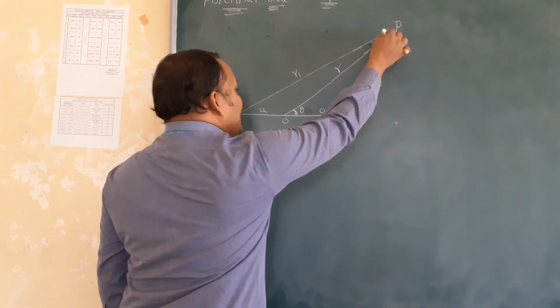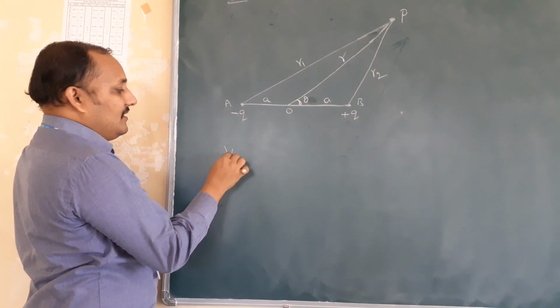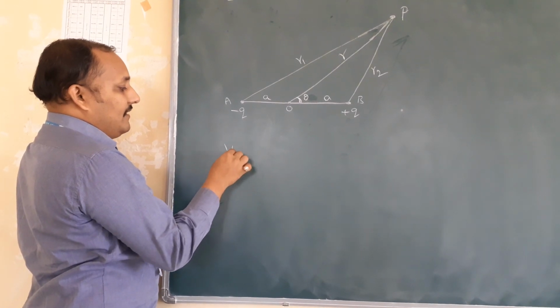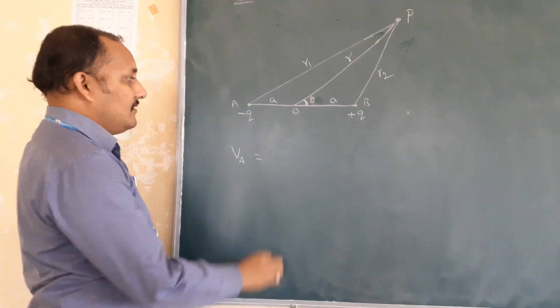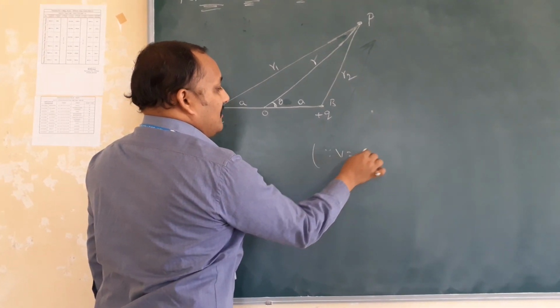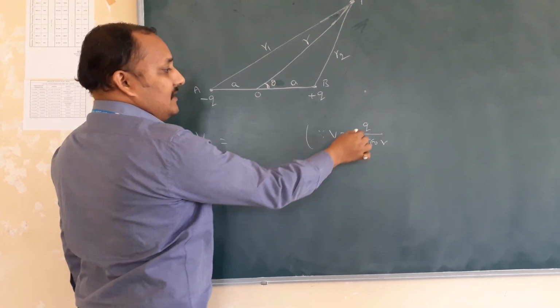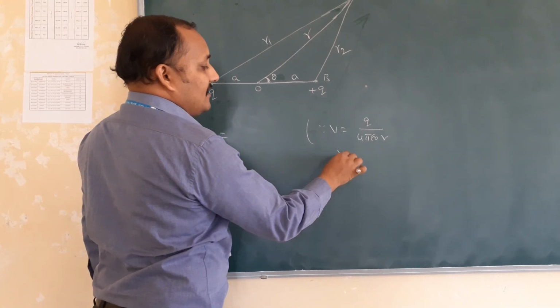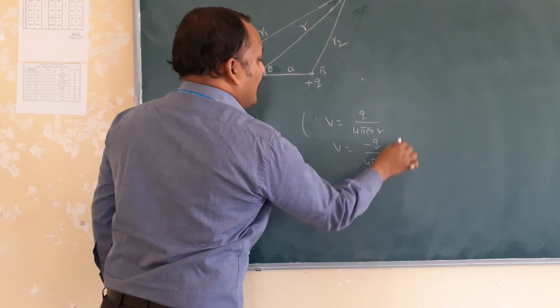Now what is the potential due to A? That is due to the negative charge. What is the general formula? V is equal to q by 4 pi epsilon naught r, this is for a positive charge. For a negative charge the formula is minus q by 4 pi epsilon naught r.